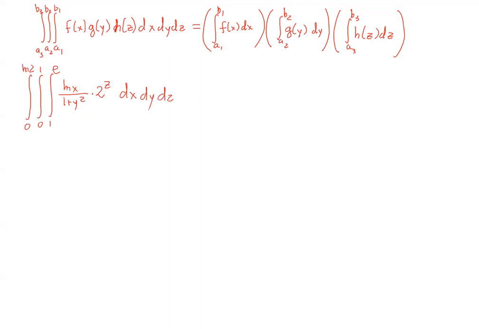So let's say that this was the box that was initially given to you, then you can actually split this, and this will go as the integral from 1 to e of ln of x dx, then the integral from 0 to 1 of dy over 1 plus y squared, and finally the integral from 0 to ln of 2.